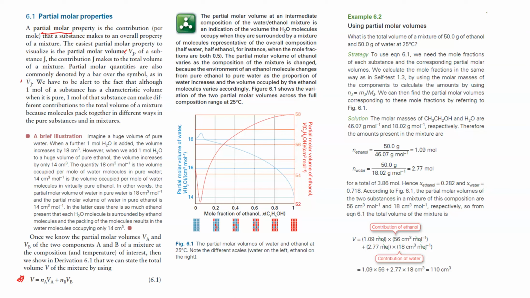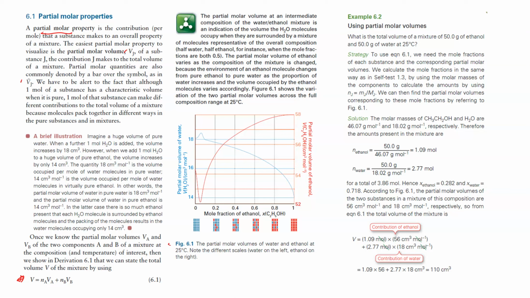So if we take a look at figure 6.1 over here, on the y-axis to the left, we see the partial molar volume of water denoted in blue. And on the right, in red, we see the partial molar volume of ethanol. And these two curves overlap one another. And on the x-axis, we see the mole fraction of ethanol in the composition, ranging from 0, meaning there's no ethanol in solution, to 1, meaning the mixture is not actually a mixture, but a pure composition of ethanol.